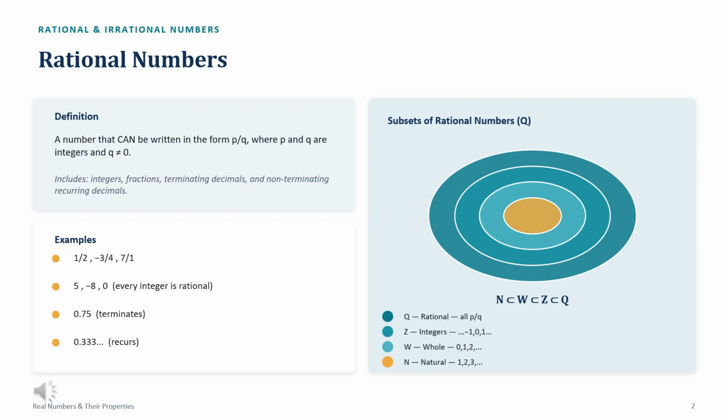Every integer like 5, negative 8, or 0, 0.75, which terminates, and 0.333 repeating. Rational numbers actually contain smaller nested sets inside them. Natural numbers sit inside whole numbers, which sit inside integers, which sit inside the rationals.